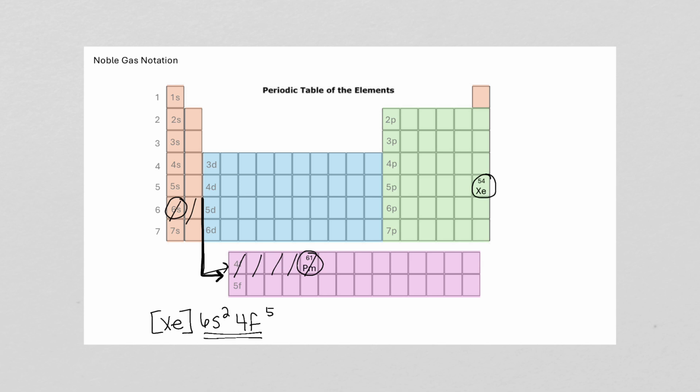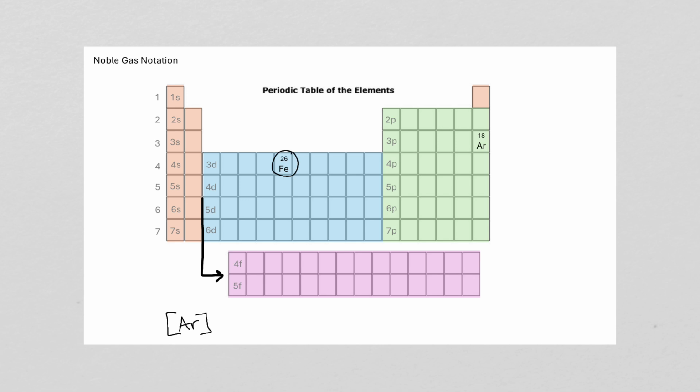We'll try this one more time, one more example. We'll look at iron, which is element 26. The closest previous noble gas is argon. If I put argon in brackets, that represents the first 18 electrons in my configuration, and I only have to show the electrons that come after that. So after argon, which is in period 3, I move down to period 4.